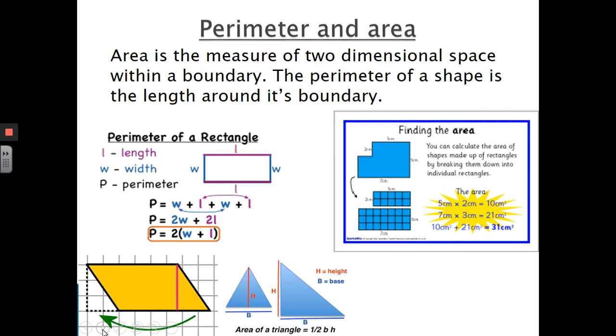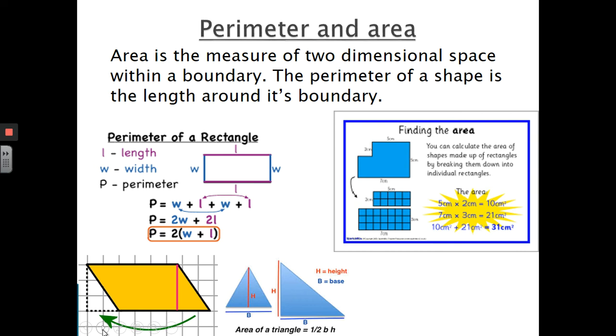Or I might give them an example of it being Christmas. I wanted to put some tinsel around the whiteboard. How am I going to know how much tinsel I need when I go to pick it up? So getting them to really break down and think about what it is to find the perimeter and what it is to find the area. And then when it comes to the formula, it makes a bit more sense.